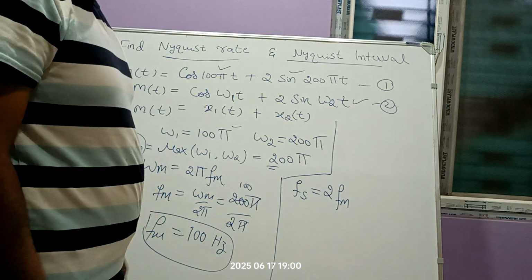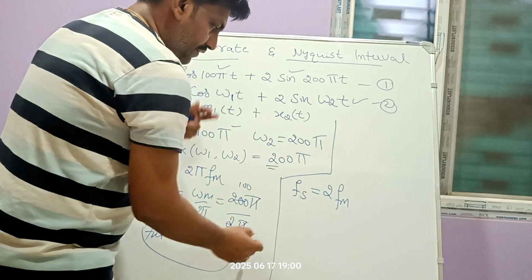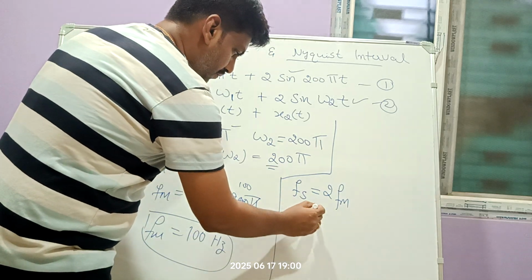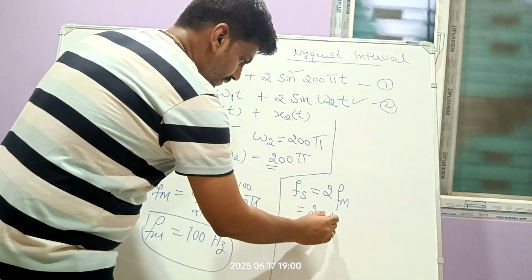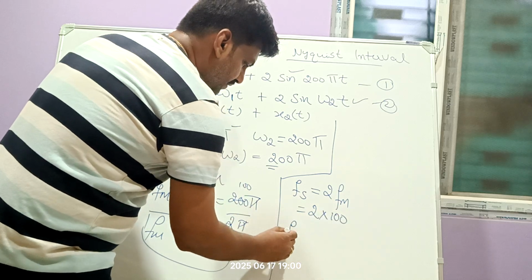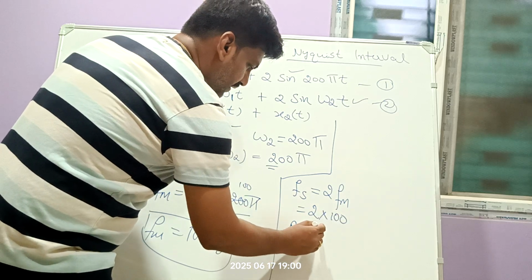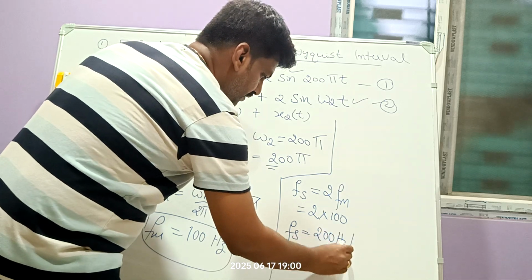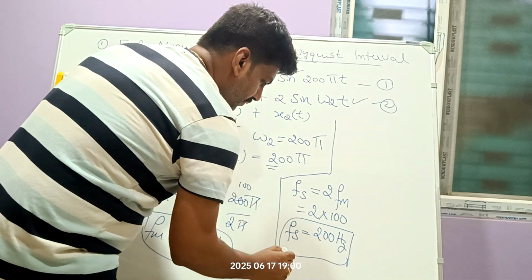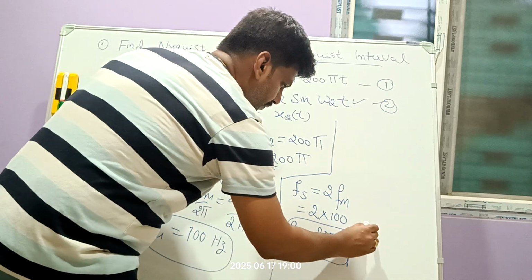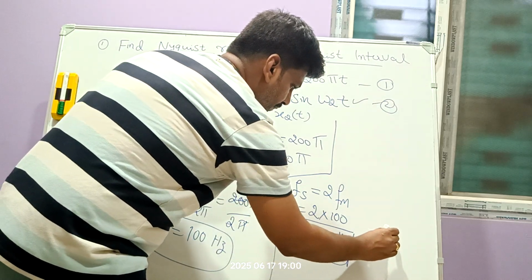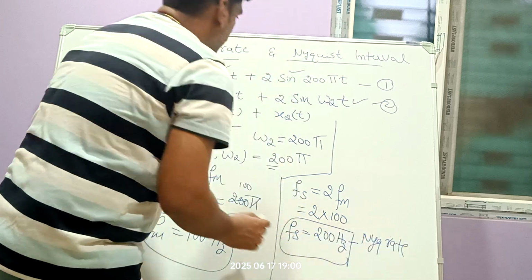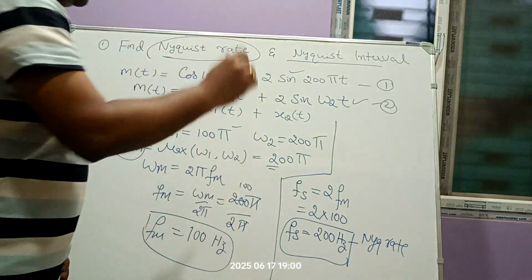This is also called the critical frequency, and it is Fs equal to 2Fm. Now write 2 times, what is the value of Fm? That is 100. So what is the Fs? That is the sampling frequency, or the Nyquist rate, which is 200 hertz. So this is the Nyquist rate, right? That is what they have asked here.